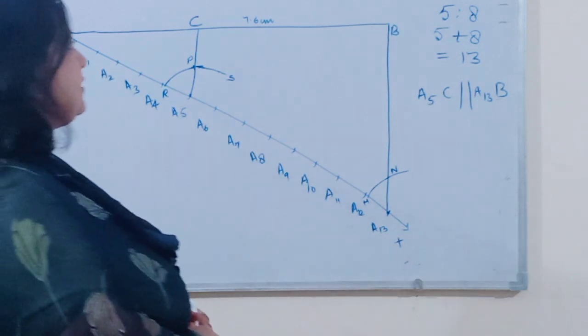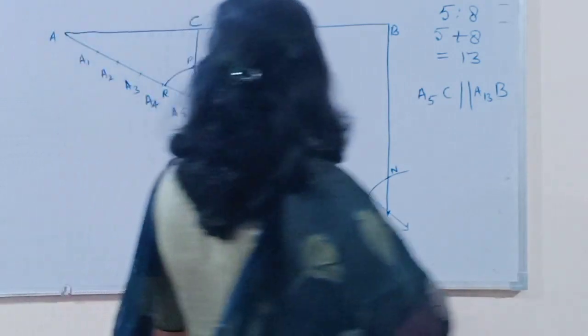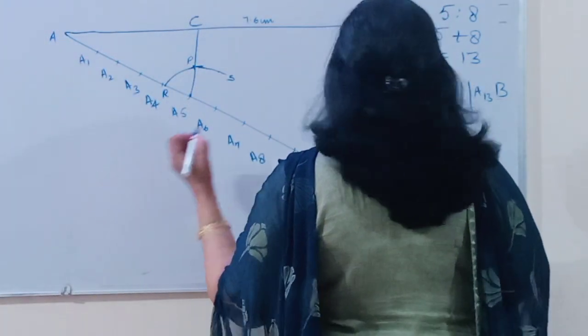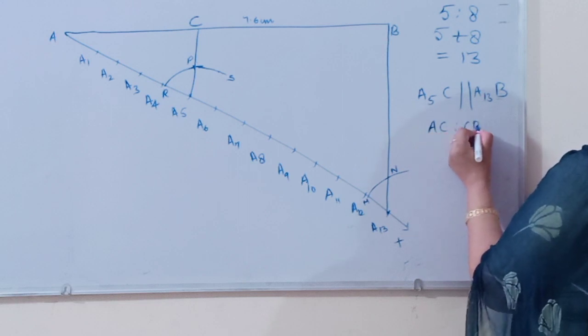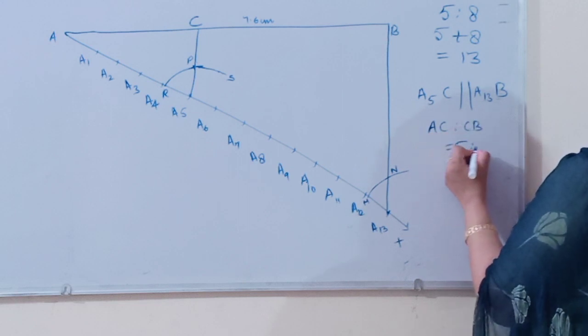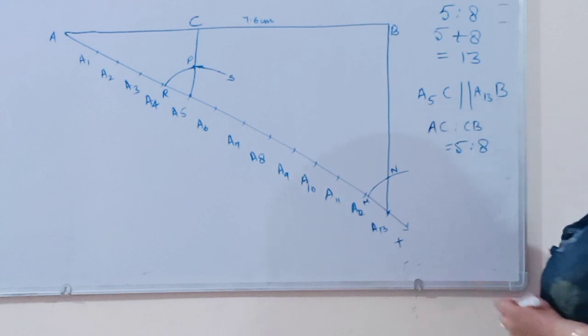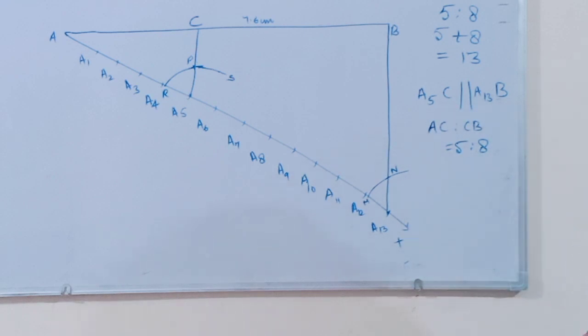Now this point C divides line segment AB in the ratio 5:8. AC is to CB will be 5:8. Now you can measure AC and you can measure CB.